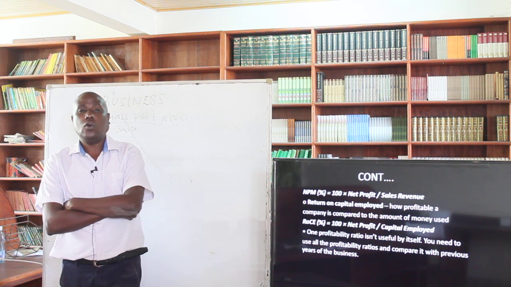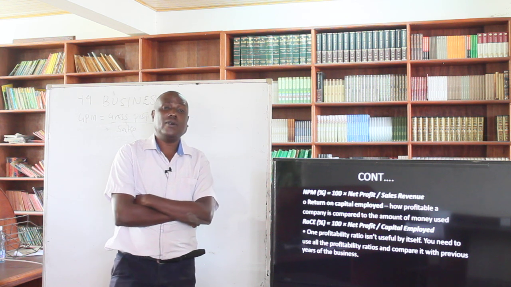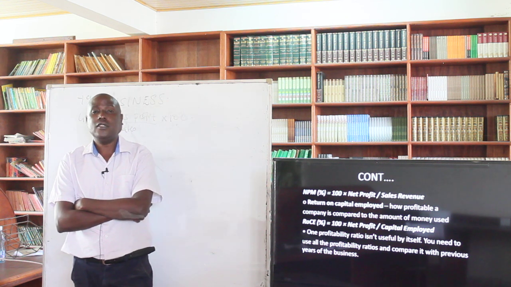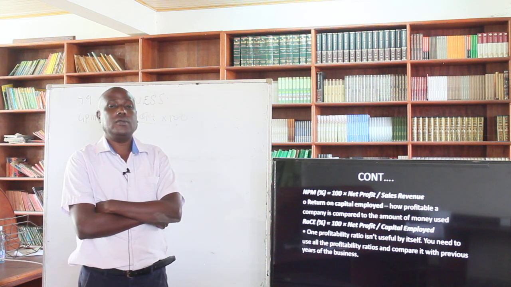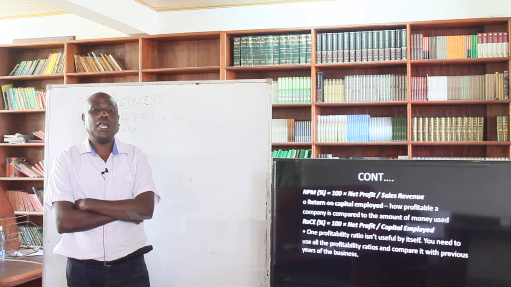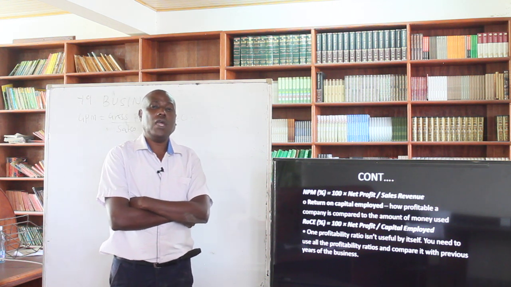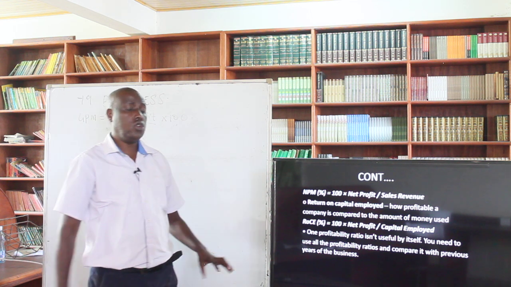Now next we want to look at another ratio that you can use to determine performance of a business, and this is called return on capital employed. This tells us how profitable a company is compared to the amount of money used. How much capital did we invest?